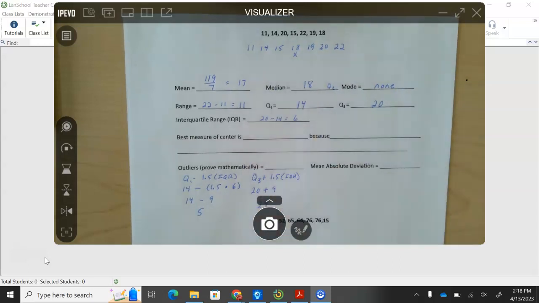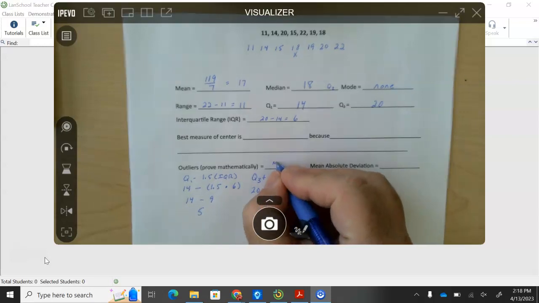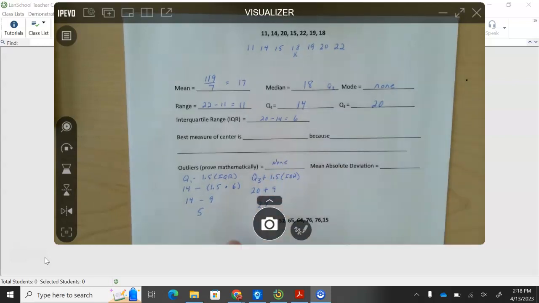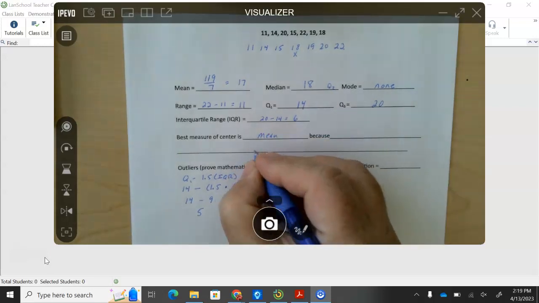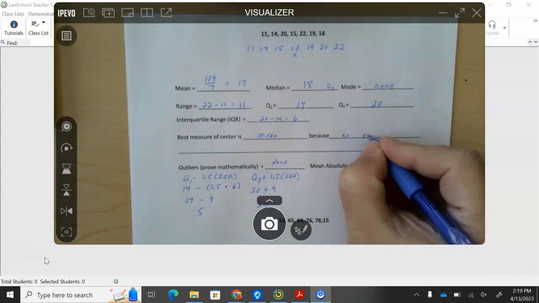So nothing is big enough to be an outlier, so I have no outlier. Now, since I don't have an outlier, remember our best measure of center, if we don't have an outlier, is the mean, because no outlier.